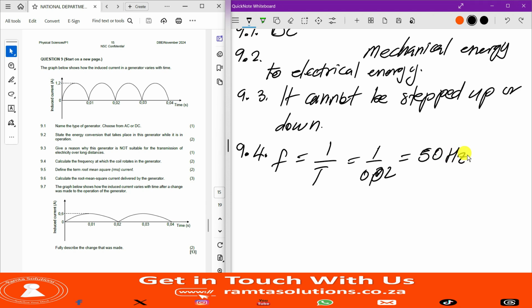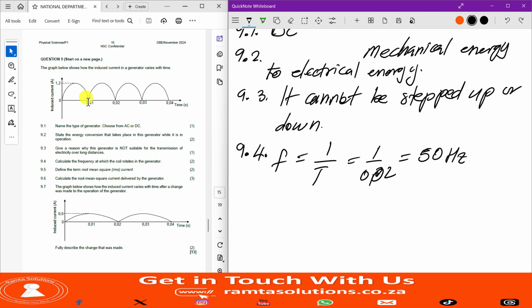But because it's frequency, better to say 50 hertz. You can also say 2 over 0,04. It's the same thing.